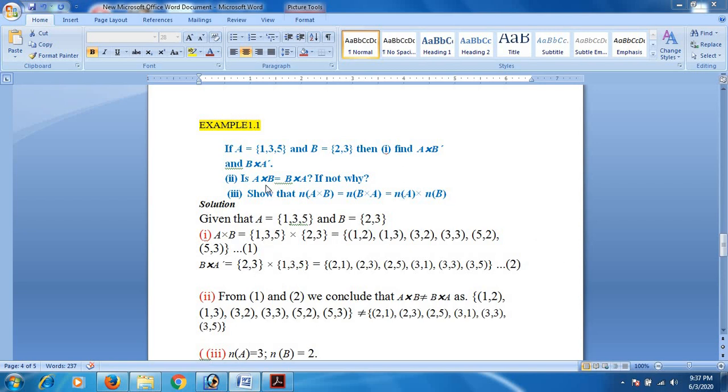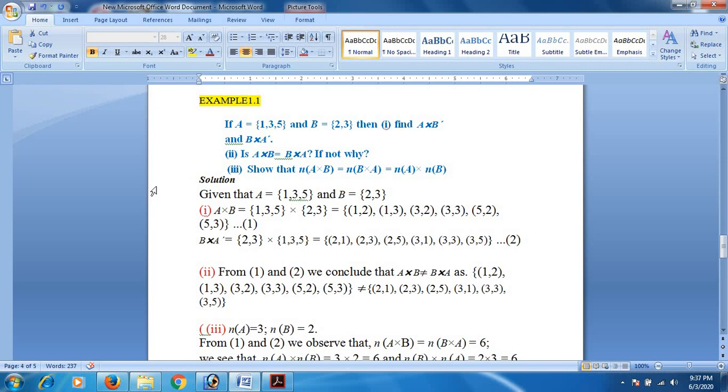Now the second question is, is A cross B equal to B cross A? If not, why? From 1 and 2, we conclude, already we have done A cross B and B cross A. So from this one, we can understand these two are not the same elements.